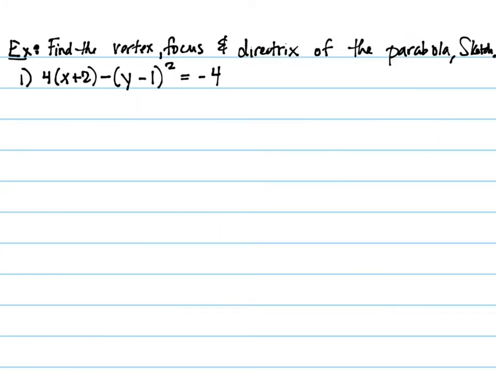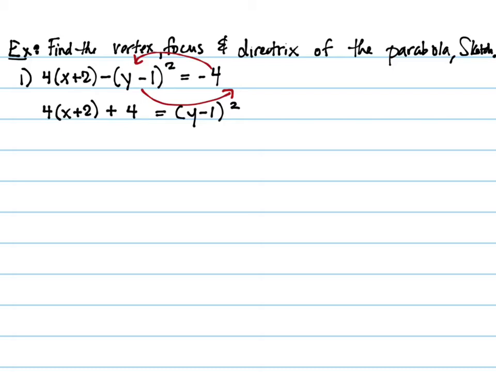Okay. So the y squared piece, I'm actually going to move it over here, and I'll move my 4 over here. Now it's going to be written backwards from my other screen. That's not a problem. We can switch it if it bothers you. I have 4 times (x plus 2), and then I have plus 4 now, and it equals (y minus 1) squared. I just chose to do that because then I would have the positive in front of the y minus 1. The left-hand side, however, is really not quite in the form that I want.